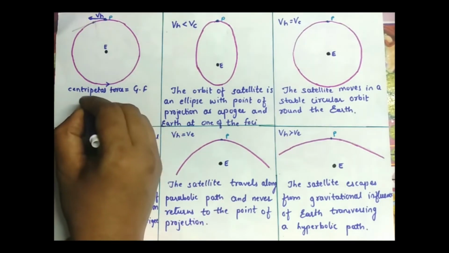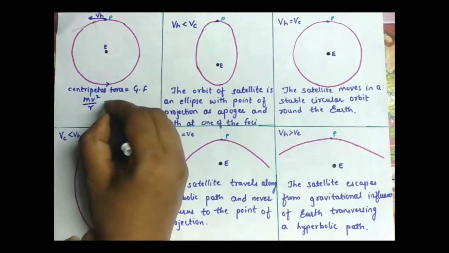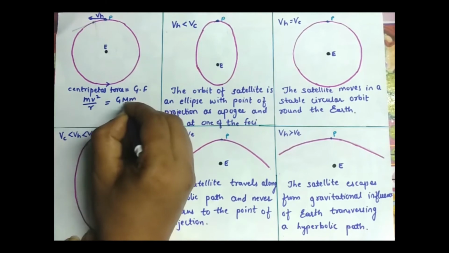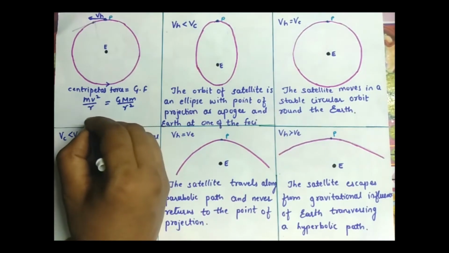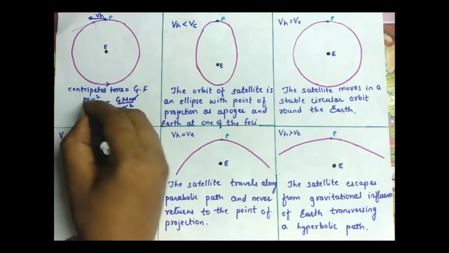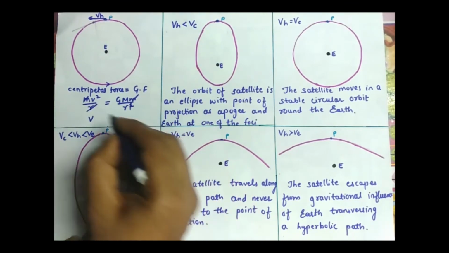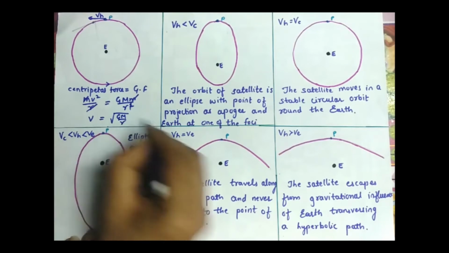So, mv square divided by r, that is centripetal force, is equal to GMm by r square. If you solve this, m cancels, one r cancels with another r. So, you are left with v is equal to under root GM by r.